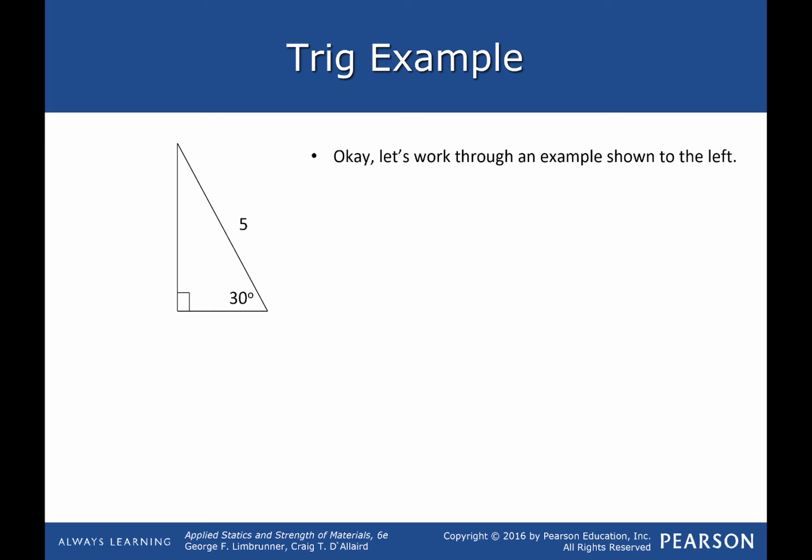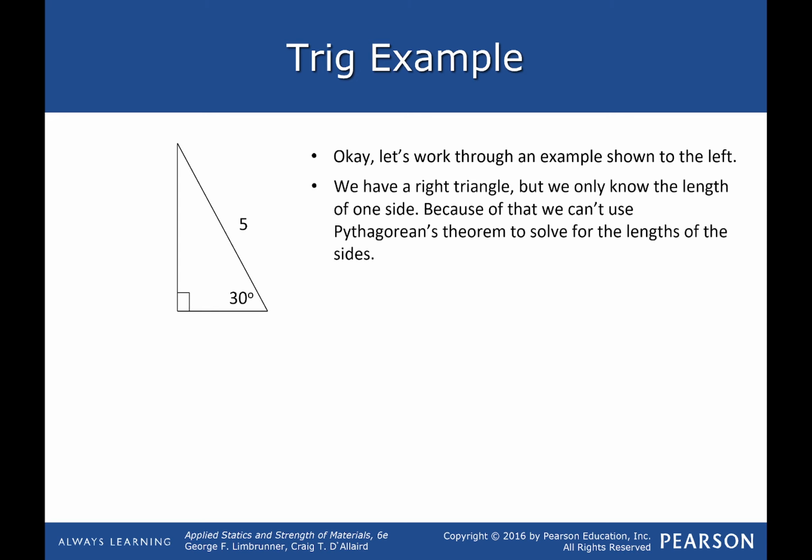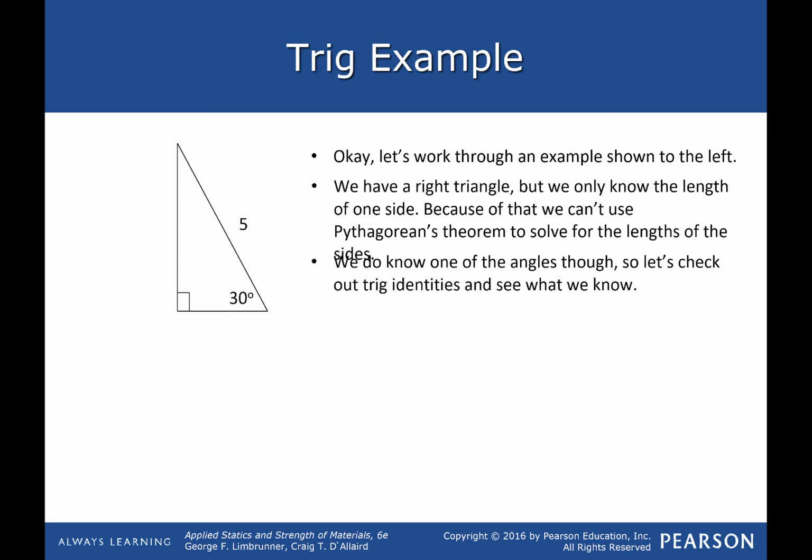Now, an important thing to do is probably to go ahead and name our sides, okay? And the reason we want to name our sides is because we can't just use the Pythagorean theorem here. We don't have enough information to use that. So tan of 30 is equal to opposite over adjacent. Well, this guy would be the opposite side. This would be the adjacent side. That's just me abbreviating it.